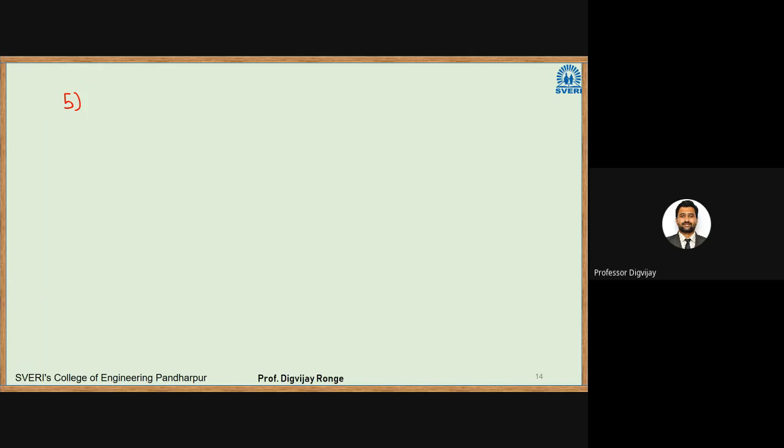So that will be infiltration and it will carry some load with it. So we have to consider that load also. So fifth is infiltration load.